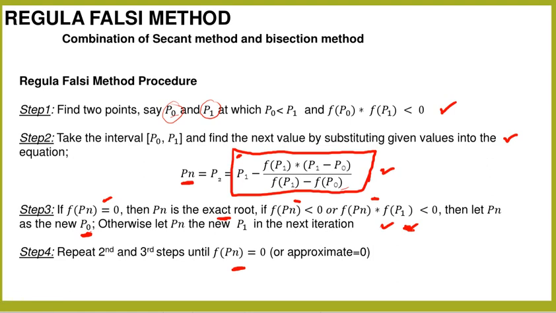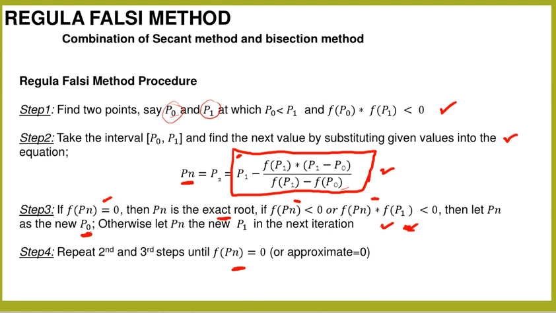Katulad ng bisection method, katulad ng secant method, ito, iteration din. So, you have to iterate yung ating equation until yung function ng Pn natin is equal to 0 or approximately equal to 0. So, tsaka pa lang kayo mag-stop and then yung value na na-solve natin for Pn is now the value of our root.